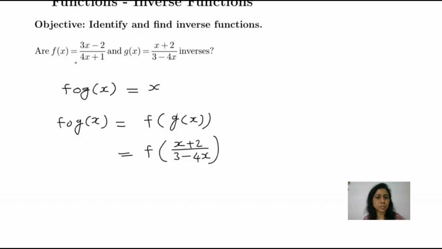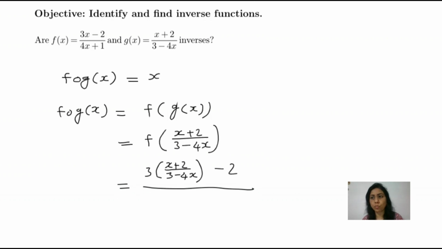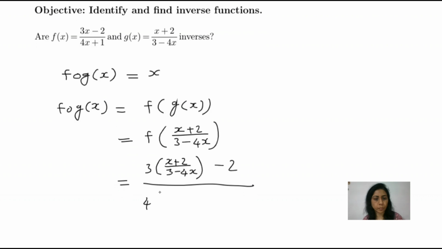So here, x is replaced with this (x + 2)/(3 - 4x). So 3x is replaced with (x + 2)/(3 - 4x), minus 2, and here 4x, x is replaced with (x + 2)/(3 - 4x), plus 1.